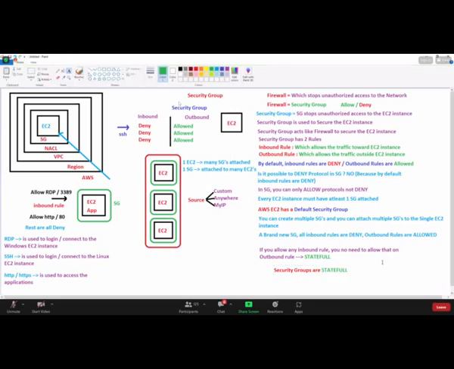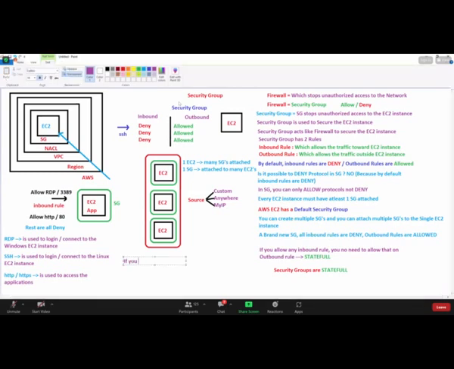No, that is called stateful. And you might ask, which one is stateless? See here, if you allow any inbound rule, you must allow that on the outbound rule. This is called stateless.